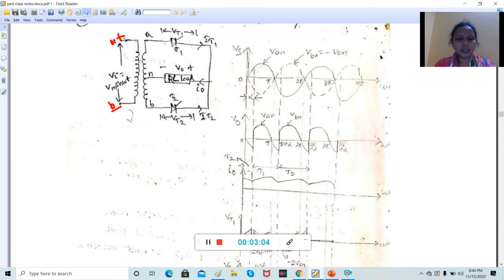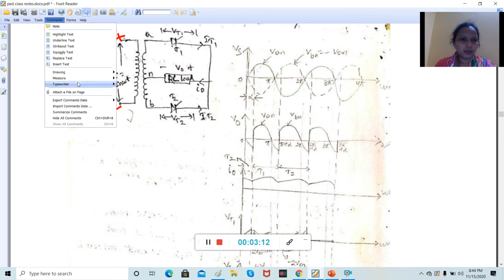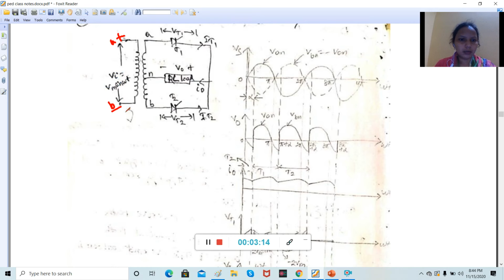In the secondary side, this is the AB terminal, where VAB is equal to VAN plus VNB.